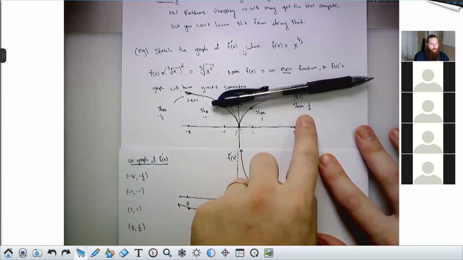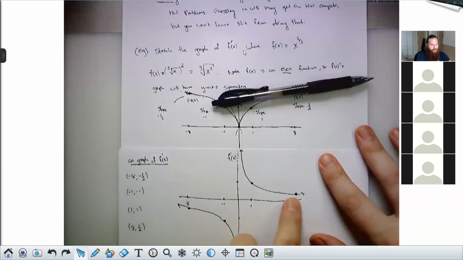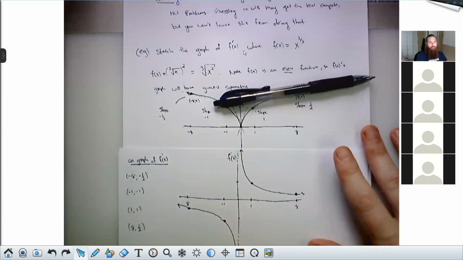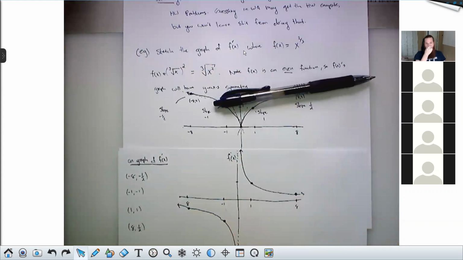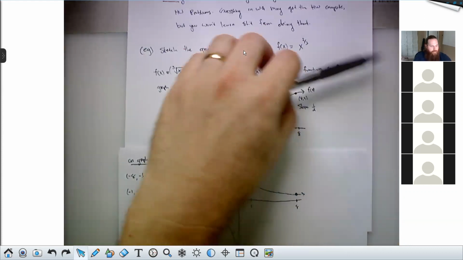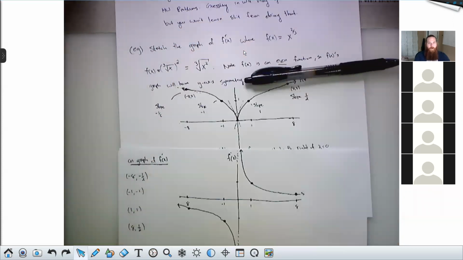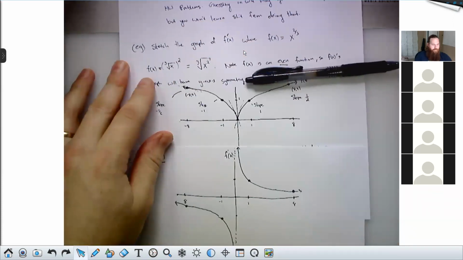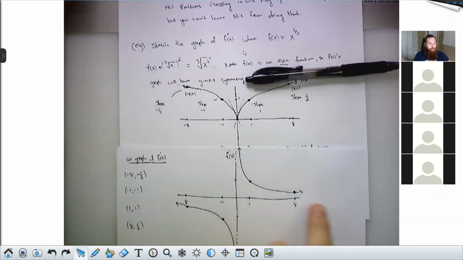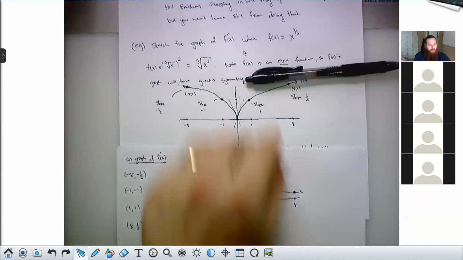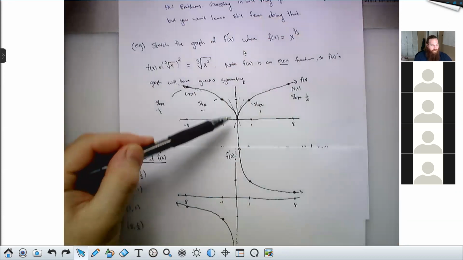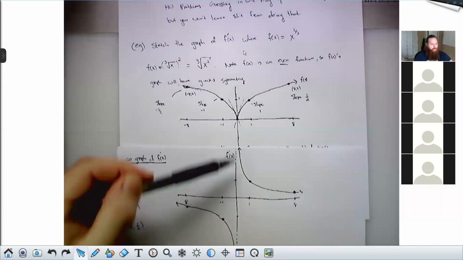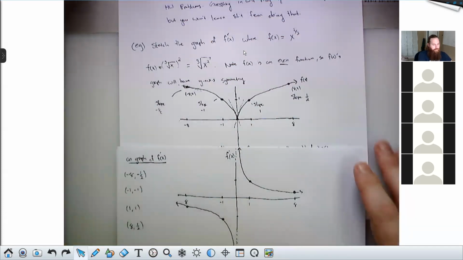Maybe the slope here is like 1/2, so the point 8, 1/2 is on the derivative. The fact that you see the graph of f leveling out as you go further and further from 0 corresponds to the horizontal asymptote on f prime. And the cusp, where the slopes are infinitely steep, corresponds to the vertical asymptote on f prime.